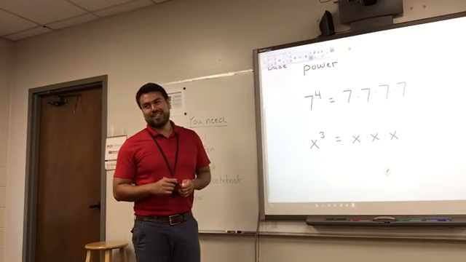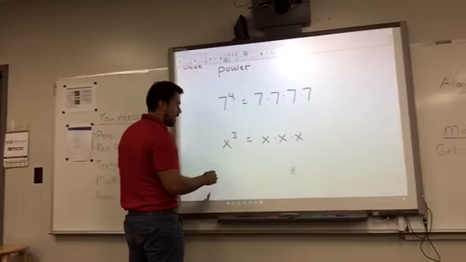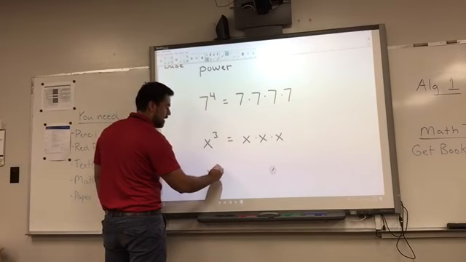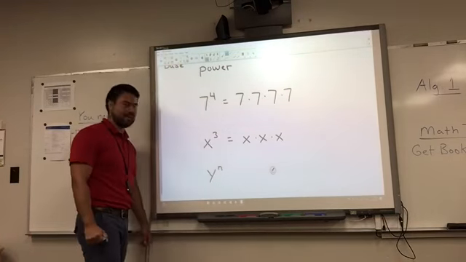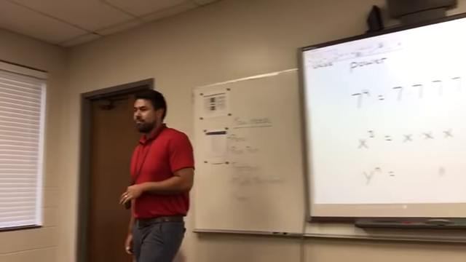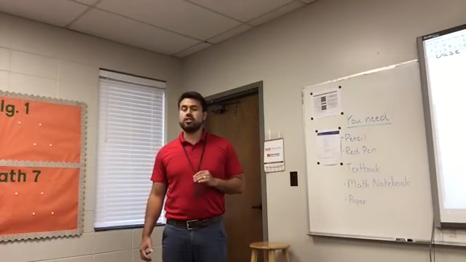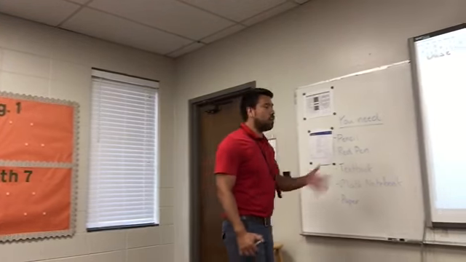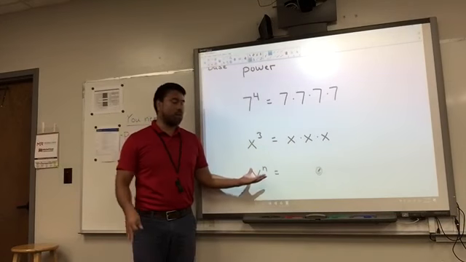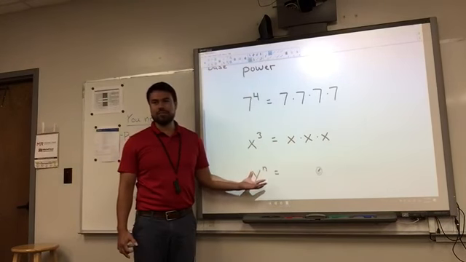Sometimes you get this, and this is where it starts getting weird, and I'll get even more technical with you. So y to the nth power. Oh my goodness. y to the nth power. Okay, if you know the terminology, that'll help you out. But what's the base in this power? y. What's the exponent of this power?